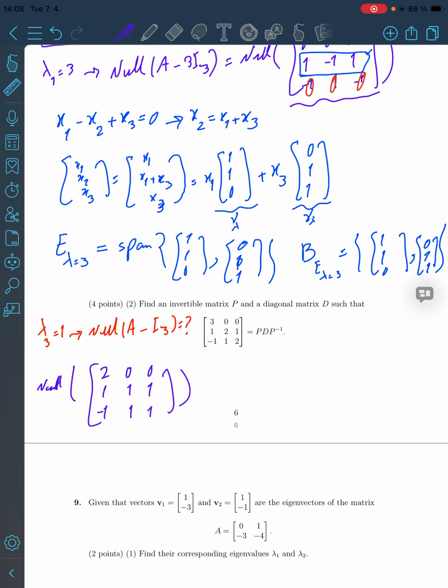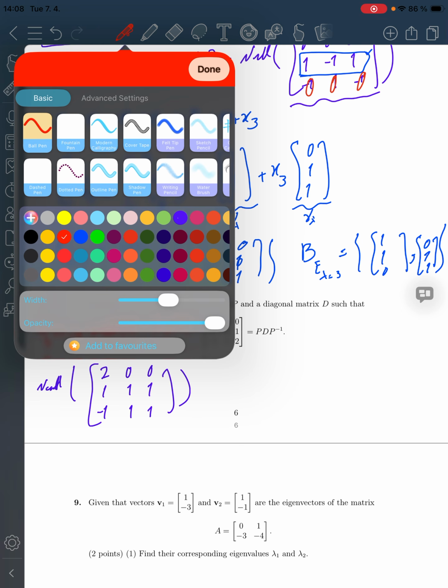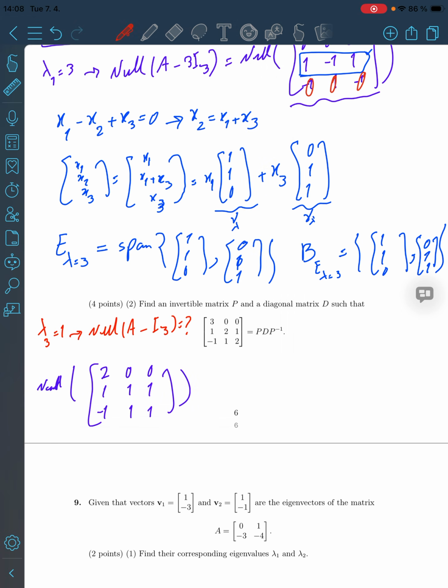Okay, I should compute the null space of this one here. So I can make this one and this one 0 easily. So then I can multiply the second row by negative 1 and add it to the third. Therefore, I can make this one 0. Okay, now I think I am all set.